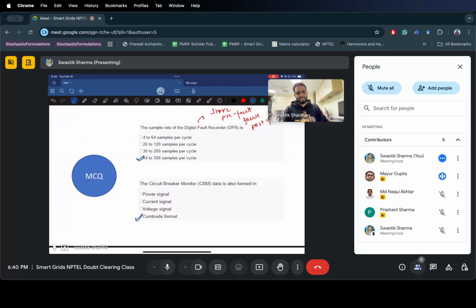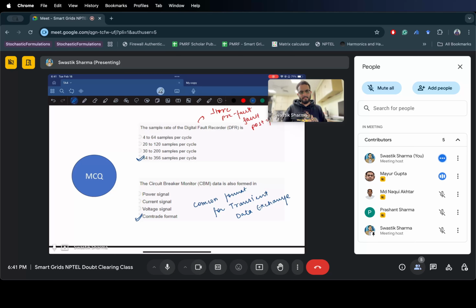It's a common format. There is an IEEE standard which specifies what each bit means, and it generates a DAT file and one more file. One would be the list of signals, another would be the data.